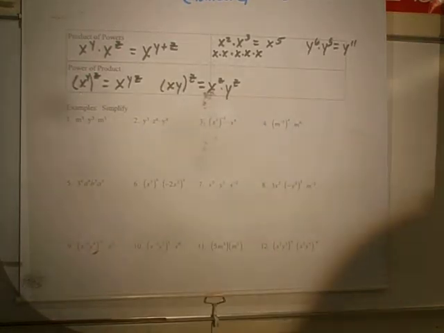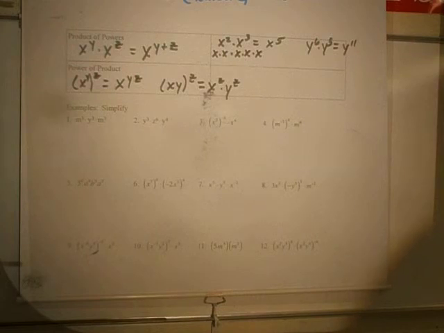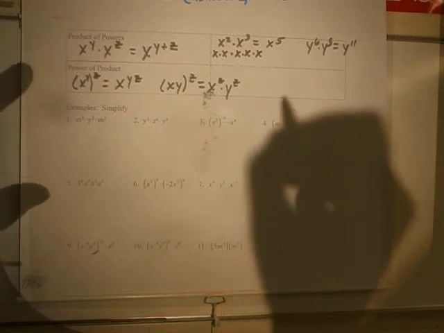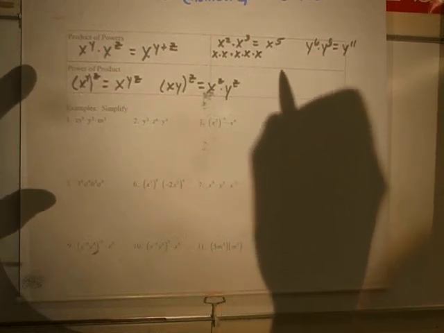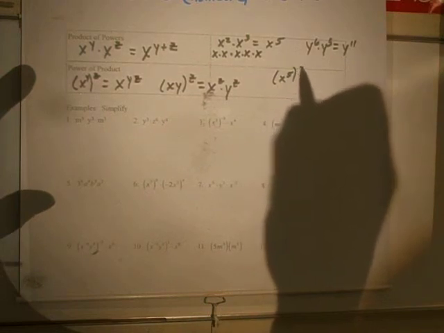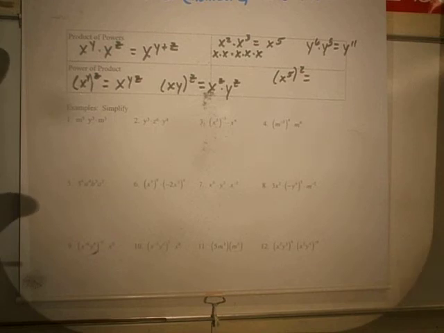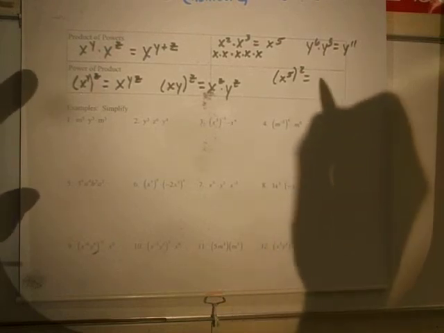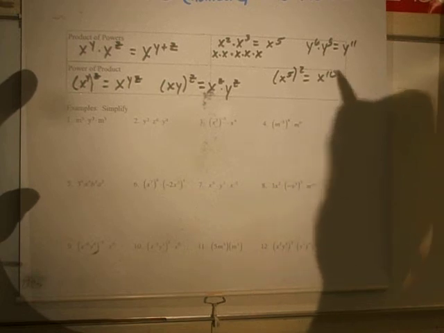An exponent to an exponent you multiply, and if you have parentheses, everything inside those parentheses needs to go to that power. Using numbers, if we had x to the 5th to the 2nd power, an exponent to an exponent you multiply, that would become x to the 10th.